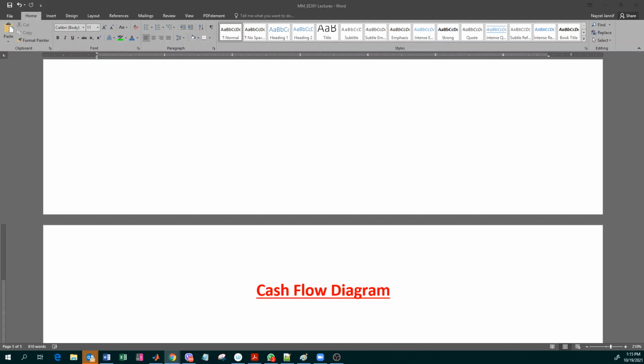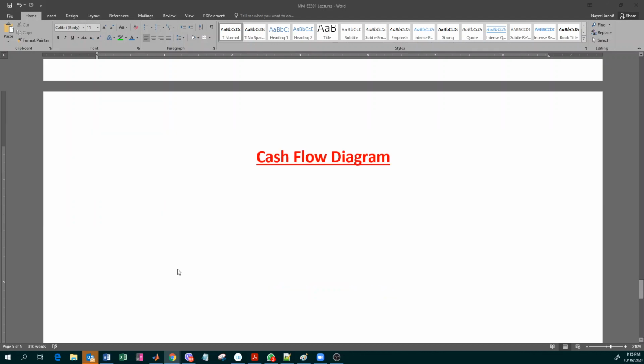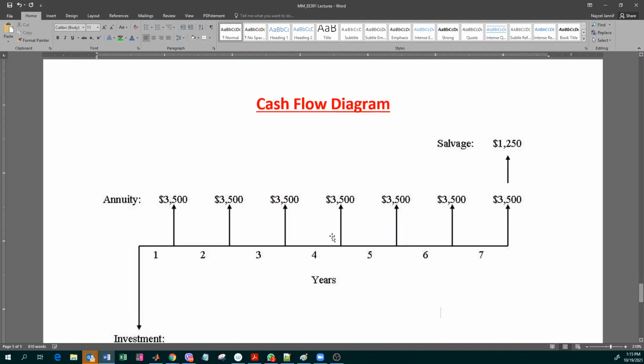Let me show you what a cash flow diagram looks like. Okay, this is one example of a cash flow diagram, guys.